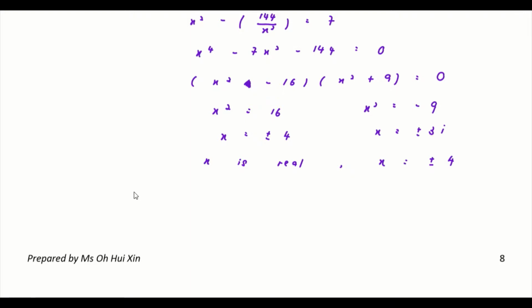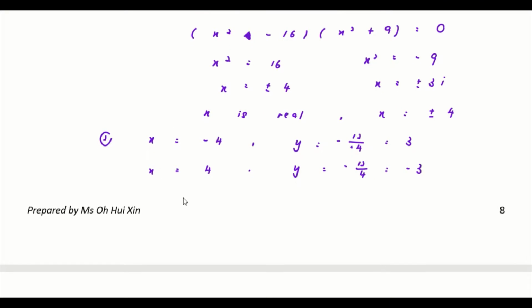So by having this, now I can substitute back into number 2. If x is equal to −4, then my y will be equal to −12 over −4, so it's equal to 3. If let's say my x is equal to 4, then my y will be equal to −12 over 4, which gives me −3. So from here I get two answers, and those two answers are basically the square roots of 7 − 24i.